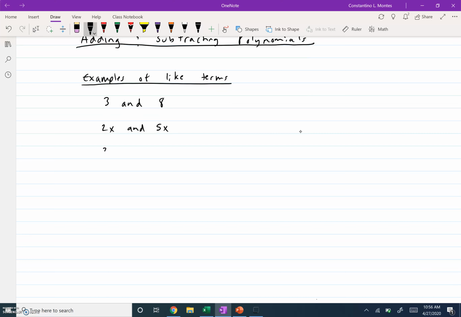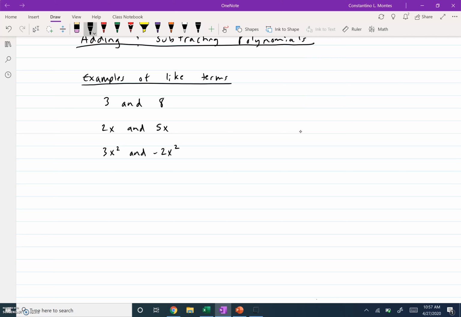How about 3x squared and negative 2x squared. Again, here we have two like terms. We have the x squared variable here, and over here we also have the x squared variable, so those terms would also be alike. And we can get even fancier and add in an extra variable.